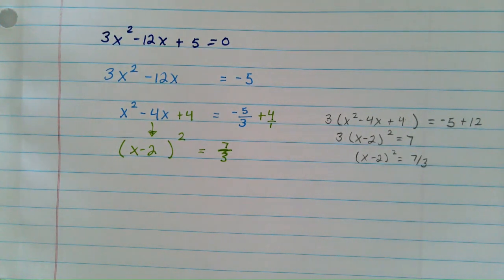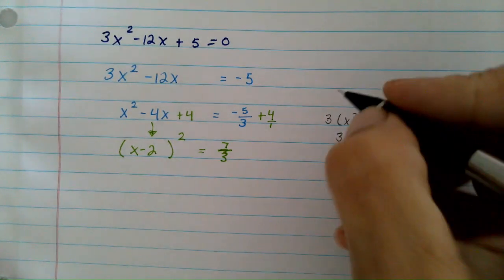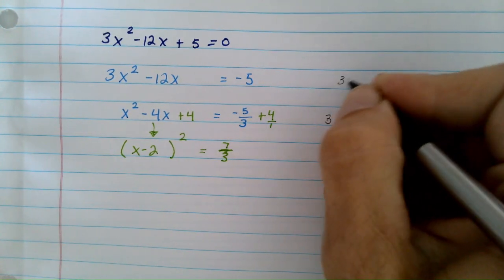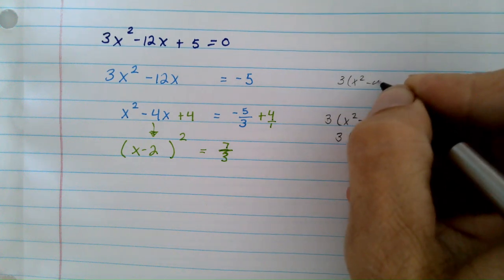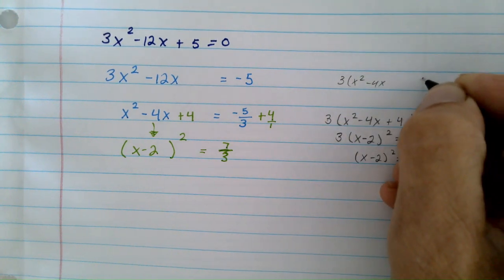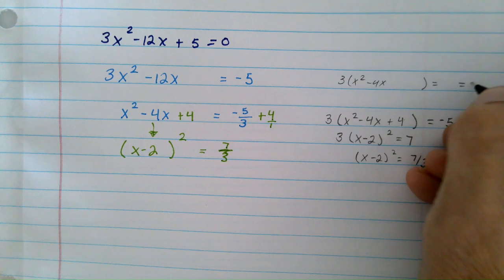So that's why I don't like doing it that way. I like kind of doing it all in one step, or a little bit different, so that I don't have to worry about distributing. Some books have you add 0 to one side. So they say 3x squared minus 4x equals -5.